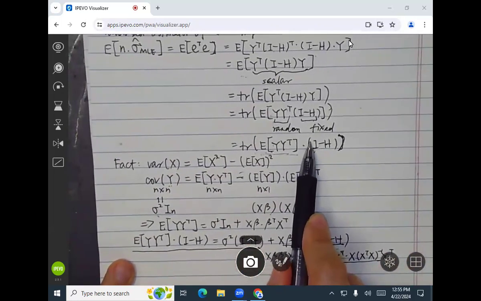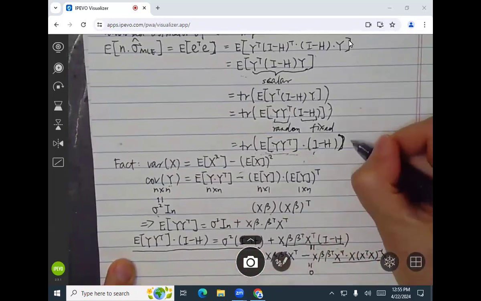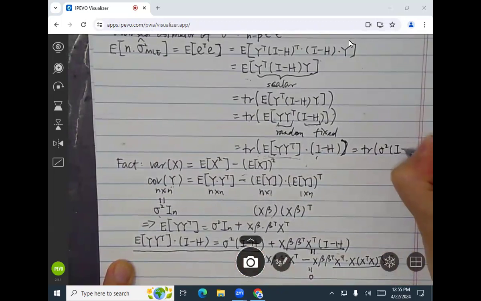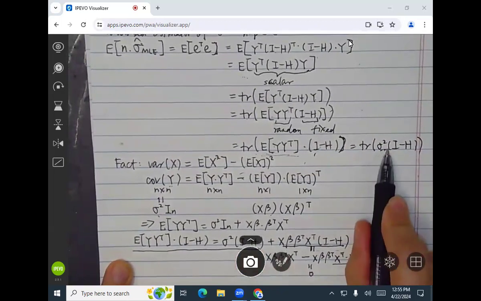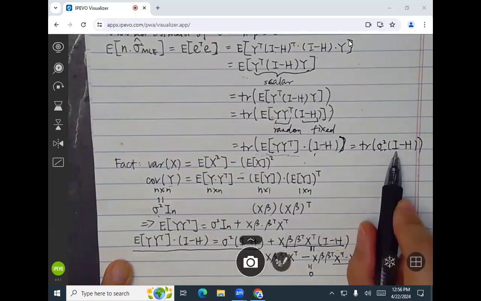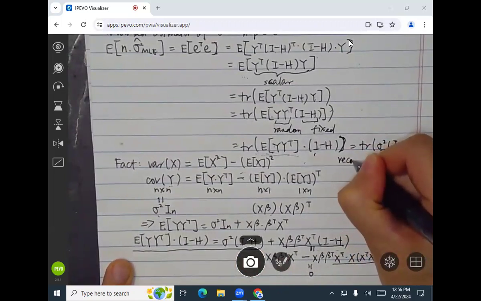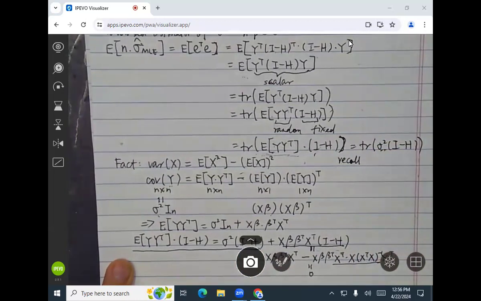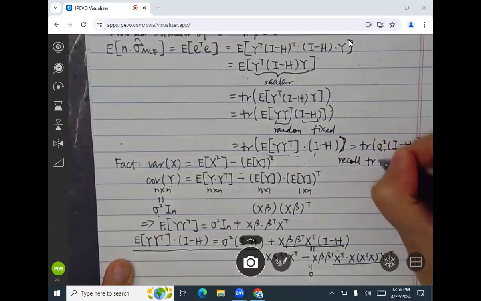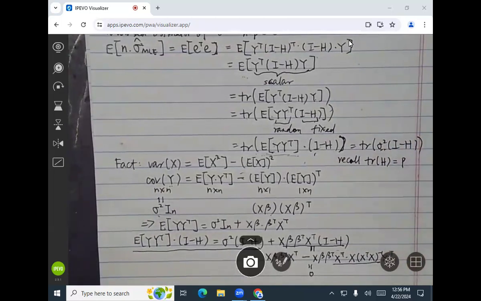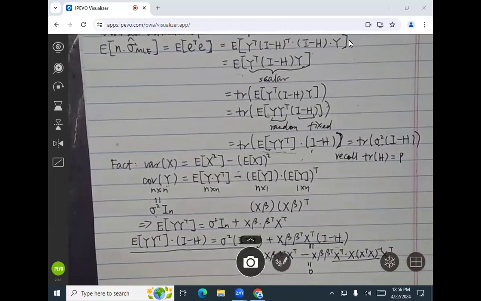So right here, I have derived that inside the trace, it's the trace of sigma squared I minus H. Then I just need the diagonal terms. And we previously showed in a lecture that the trace of H, also using that circular rule, is equal to p, the number of parameters in beta.